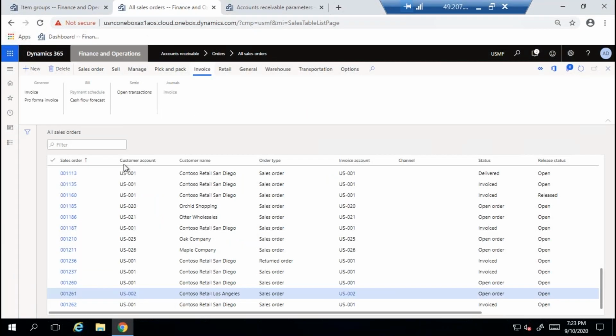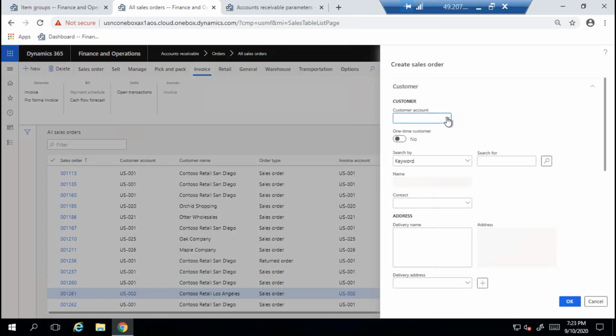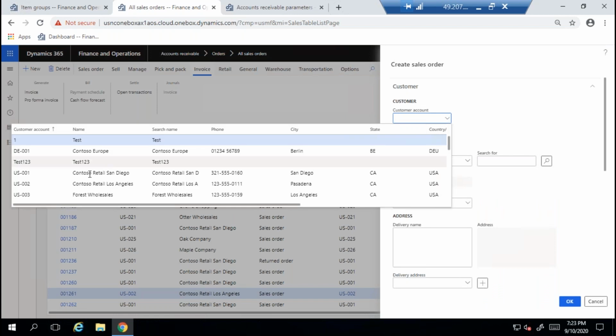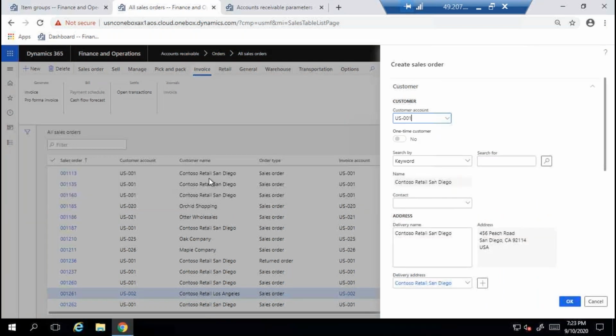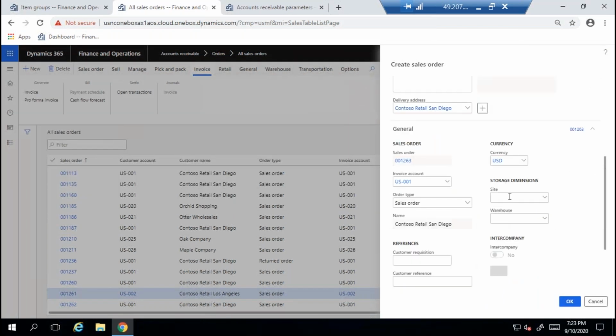Now I'm creating one more sales order. Packing slip posting is a very common thing, right?